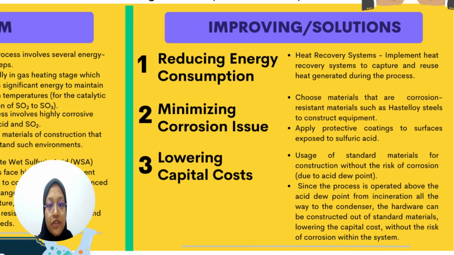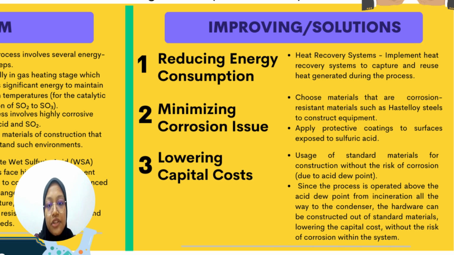As for the solutions to the problems, first is reducing energy consumption by implementing heat recovery systems to capture and reuse heat generated during the process. Second is minimizing corrosion issues by choosing corrosion resistant materials such as Hastelloy steels to construct equipment, and by applying protective coatings to surfaces that are exposed to sulfuric acid.